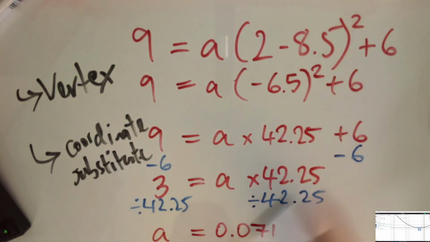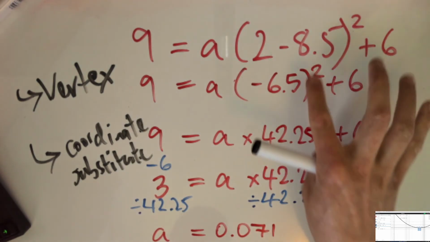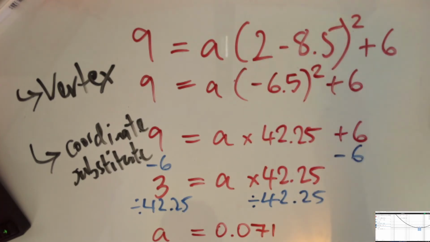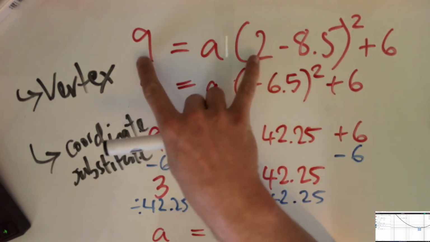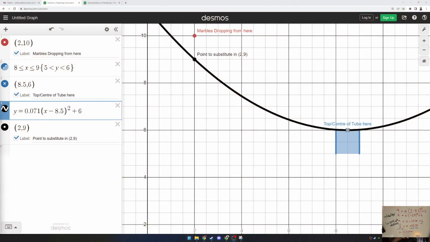So my vertex was (8.5, 6), and the coordinate I chucked in was (2, 9), and then that means we can solve for our unknown scale factor. I think that is all.